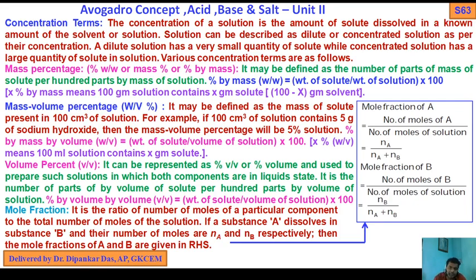How will you express the mole fraction of A and of B? Mole fraction of A equals number of moles of A divided by number of moles of solution, that is Na divided by the total number of moles, Na plus Nb.